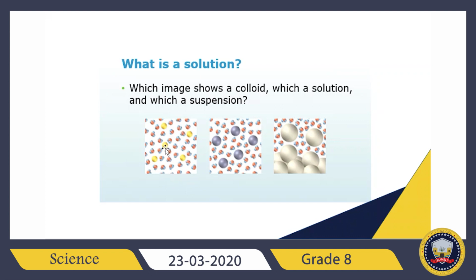If we want to study the size of the solid molecules, the particles here, we can see that they are small compared with the other types of mixtures. So as you can see, the particles here are small.